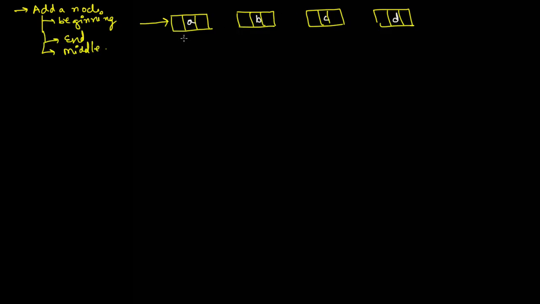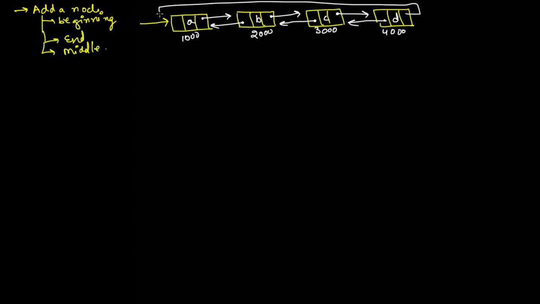And let us suppose the addresses are 1000, 2000, 3000 and 4000. Each node is pointing to the next node, and each node is also pointing back to the previous node.